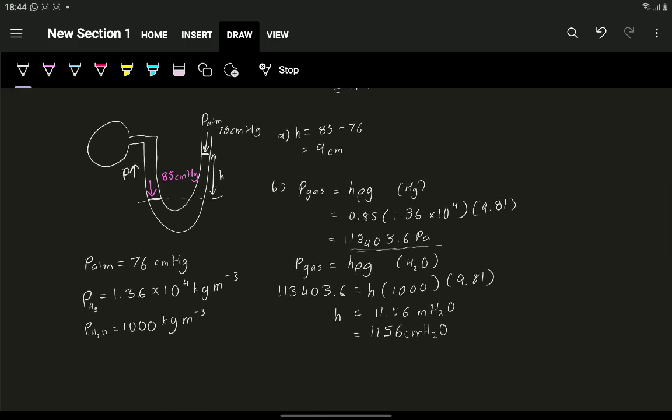So the difference in h, we're going to find it the same way here, since the PATM is also equal to 1000 cm H2O.